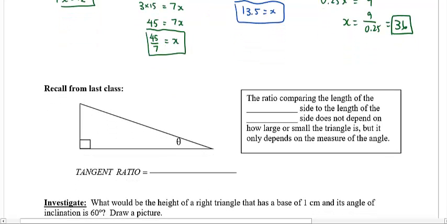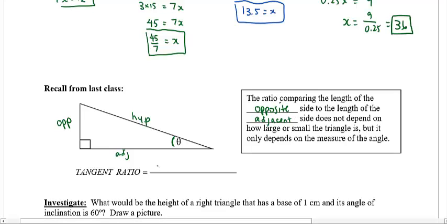So as a review from last class, remember we had this angle theta, and then we said that this was the opposite side, and this was the adjacent side, and this was the hypotenuse side. Well, from last class we found that the ratio comparing the length of the opposite side to the length of the adjacent side does not depend on how large or small the triangle is, but it actually only depends on the measure of the angle.